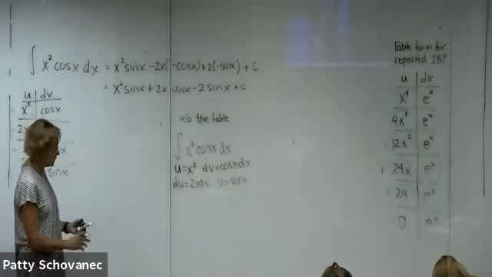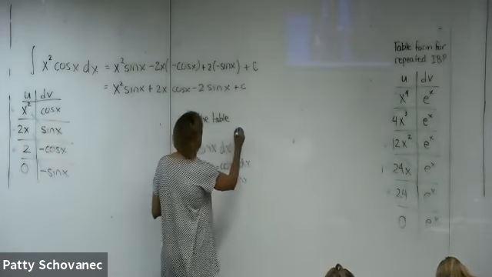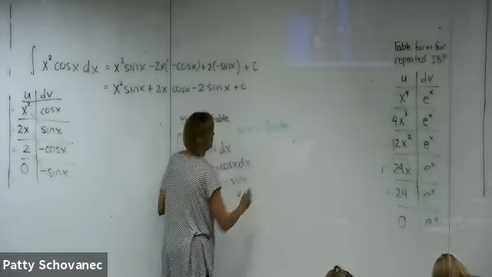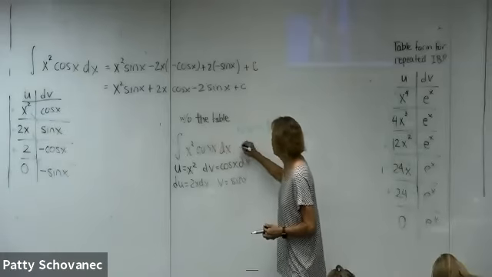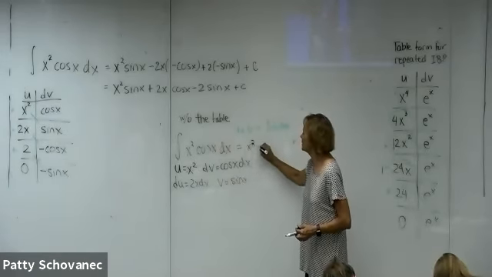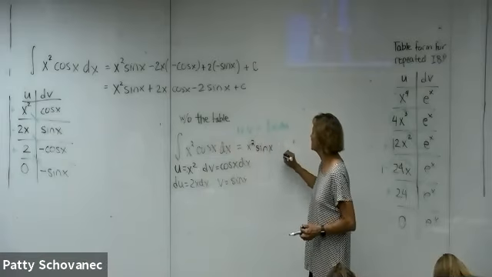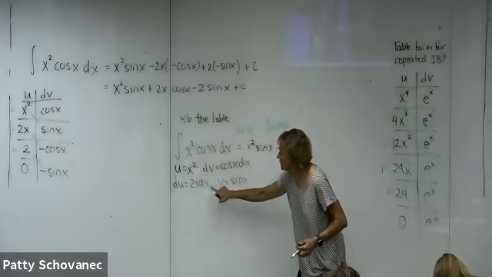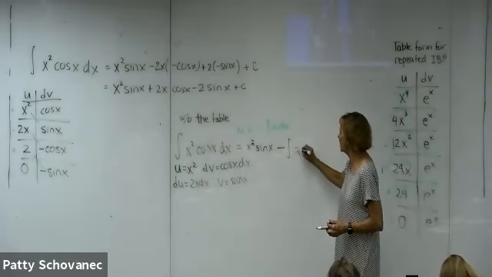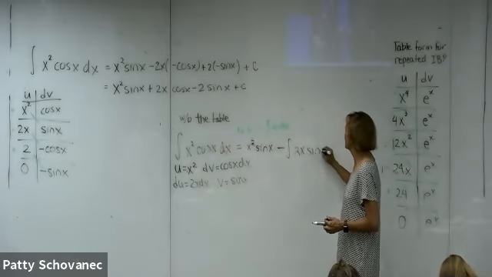So now we do uv minus the integral of v du. Right over here, uv is x squared sine of x, minus the integral of v du, which is 2x sine of x dx.